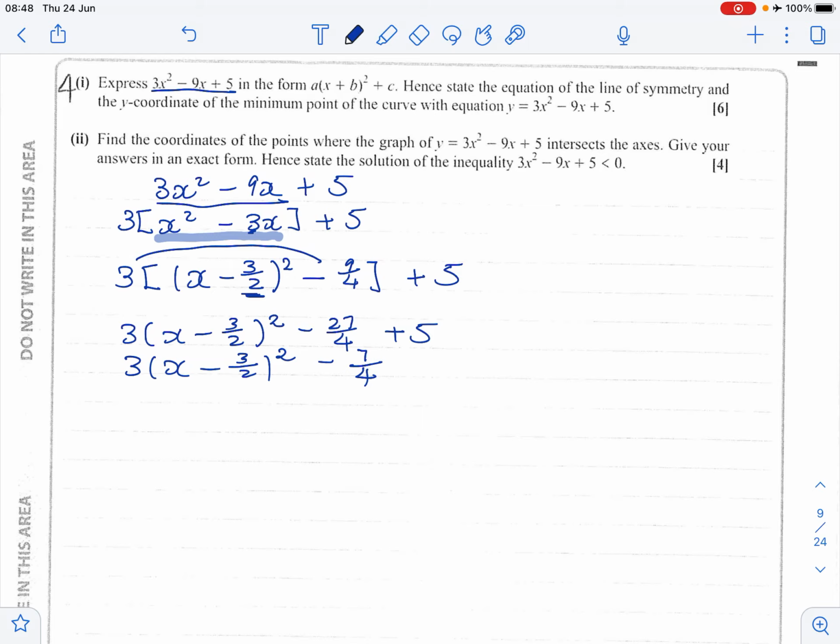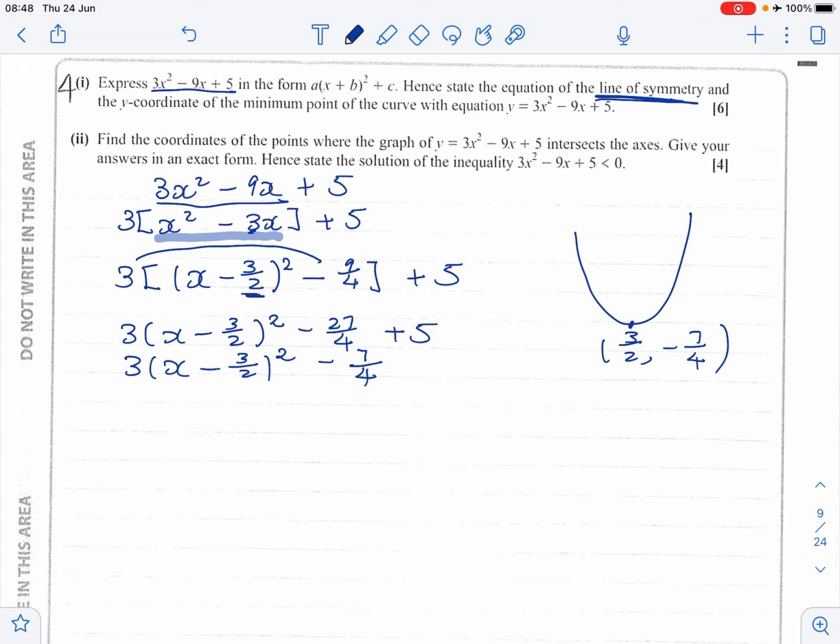Here it states: state the equation of the line of symmetry. So we found our minimum point, and we can use this to find it. This is a quick sketch of the curve. Our curve is going to look something like this. And looking at here, we know our minimum point is when x is 3 over 2 and y is minus 7 over 4.